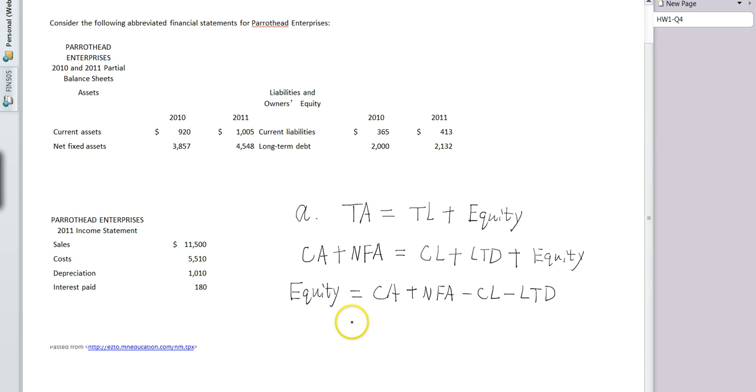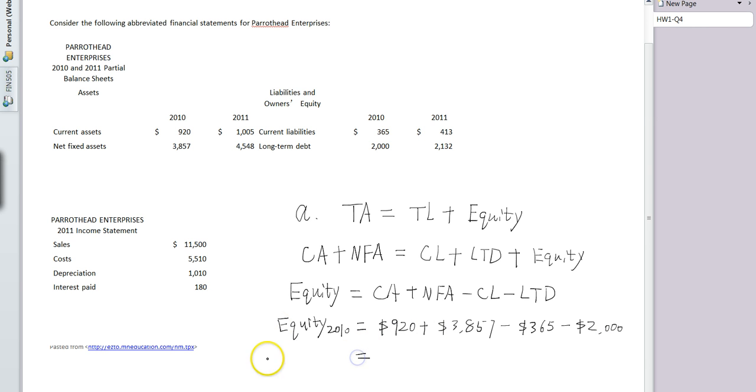And now we can plug in the numbers for different years. So equity for 2010: current assets for 2010, that's 920. And net fixed assets for 2010, that's 3,857. And current liabilities for 2010, that's 365. And long-term debt for 2010, that's 2,000.